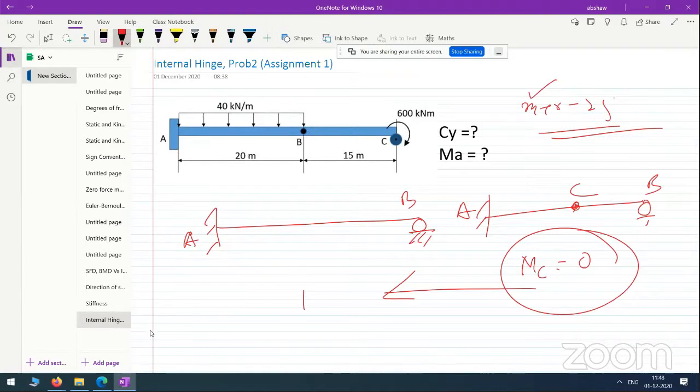So m is the total unknown internal forces. r is the total unknown external reactions. And j is the number of joints, and 2j is the number of equations available. Therefore the total unknown will be the number of reactions plus the number of internal forces, minus the equations we have. That gives you the static indeterminacy of a truss.